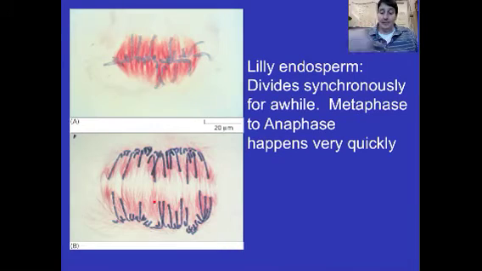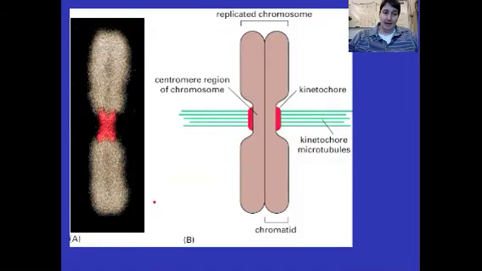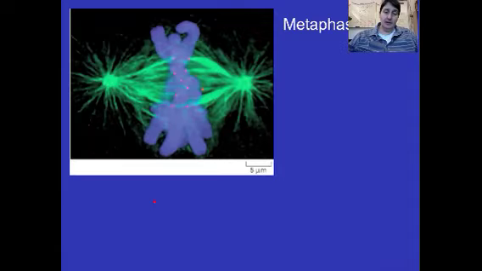Okay. This picture, sorry, let me go back. This picture is clearly when they're located on the metaphase plate. This means that you have a chromosome, with sister chromatids, and it has one centromere. It has one kinetochore complex.